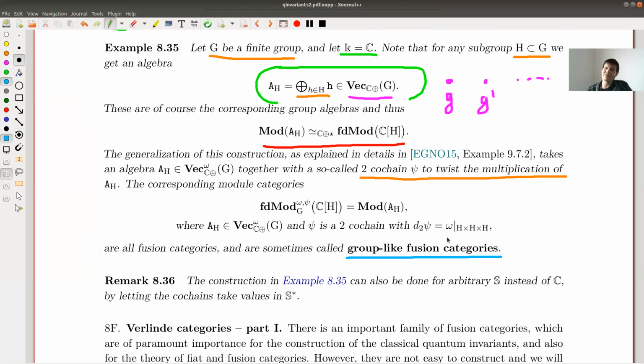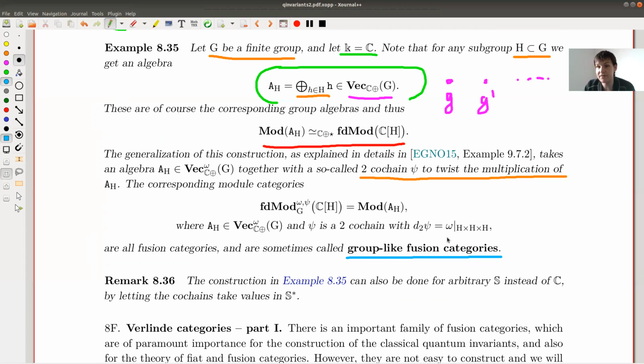Luckily, there's another class of fusion categories. I won't be able to prove everything in this lecture, and it's also not proven in the lecture notes, because it gets a bit involved. But basically, the outcome is that fusion categories, up to some exotic exceptions, are given by three types.